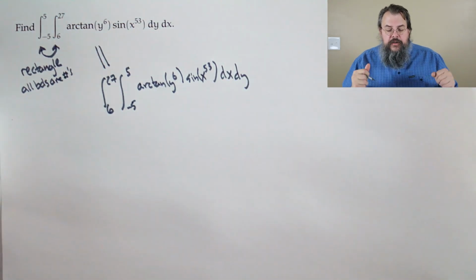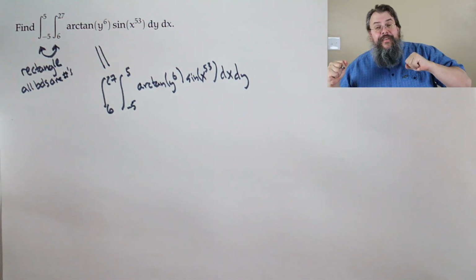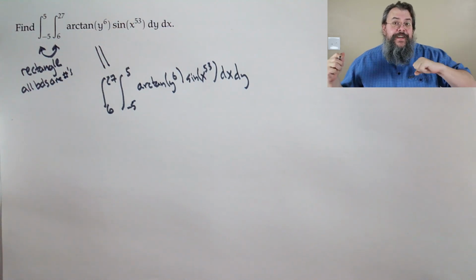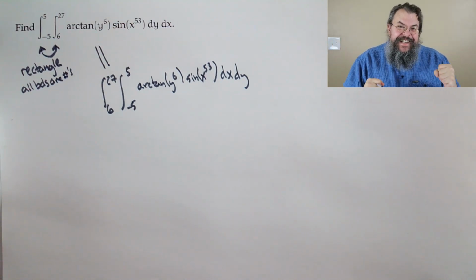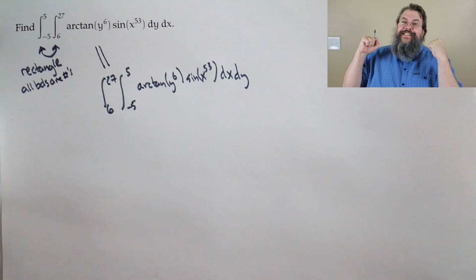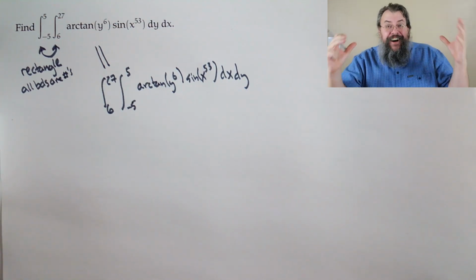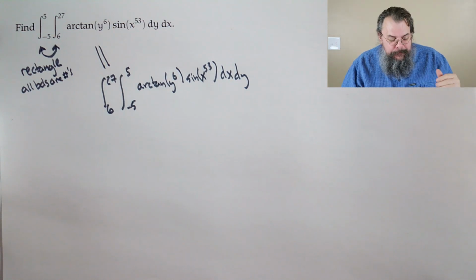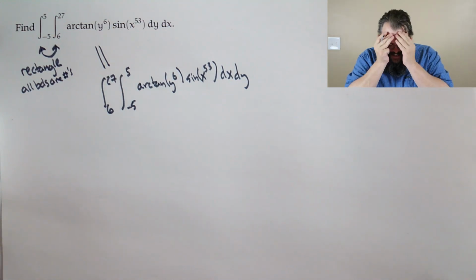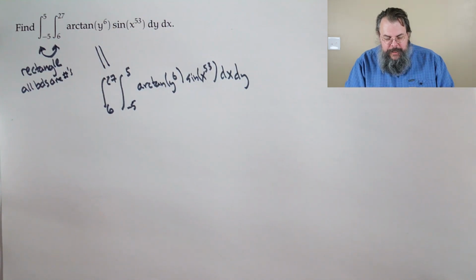All right, great. So now, instead of having to integrate arctangent of y to the 6, which is crazy, we just have to integrate sine of x to the 53rd, which is also crazy. Oh my gosh. Oh, what are we going to do?